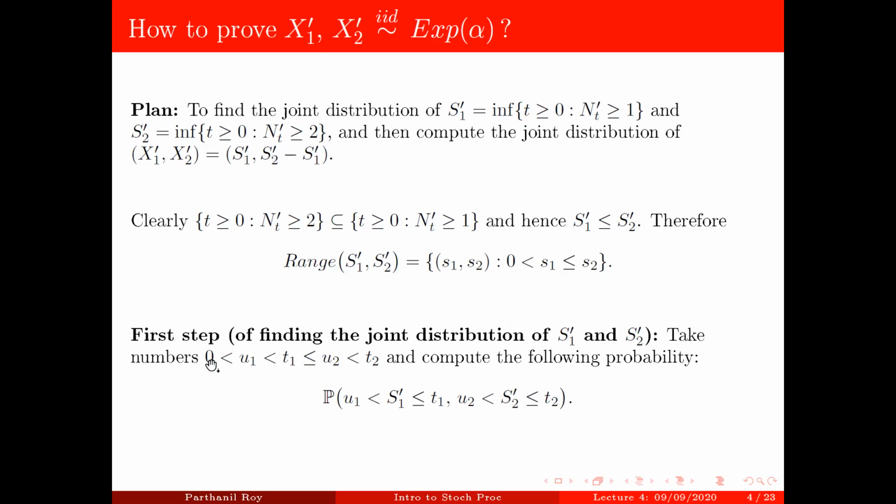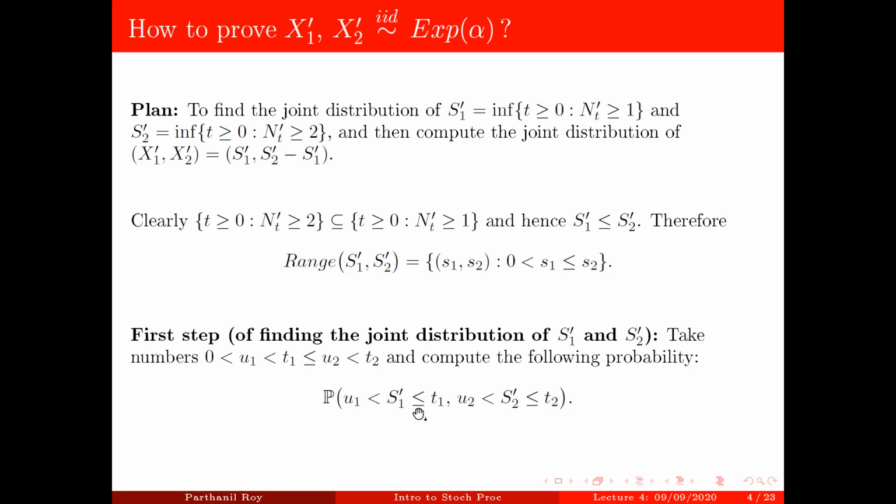All of them are positive actually, but u1 positive is enough, because everything else will be bigger than u1. u1 is less than t1, t1 is in turn less than or equal to u2, and u2 is strictly less than t2. Okay? And all of them are positive. Find such numbers and then compute the following probability.